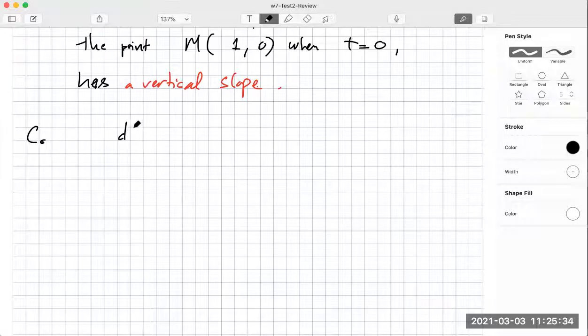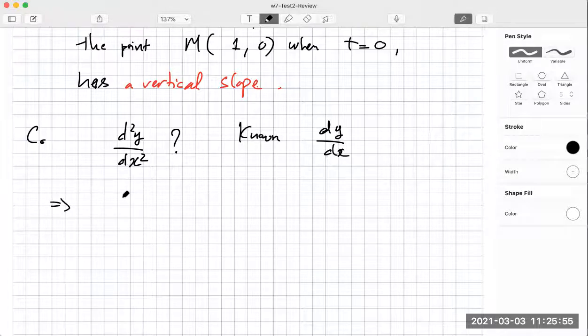Okay, we want to find this. How can we do this? Okay, we know dy over dx from the part B, part A. How can we find this? So it's easy. Let us use the chain rule.